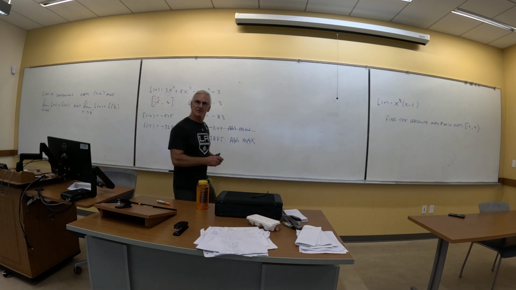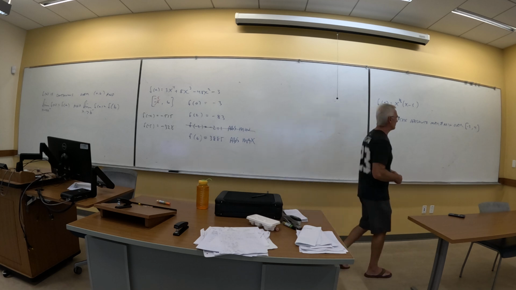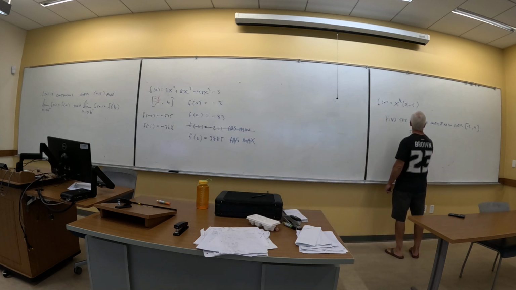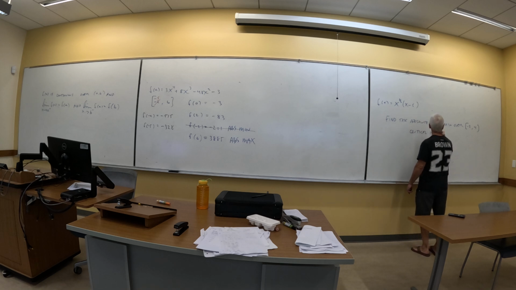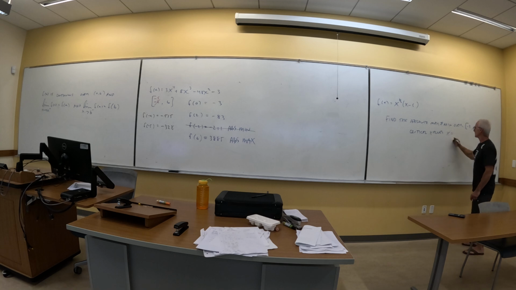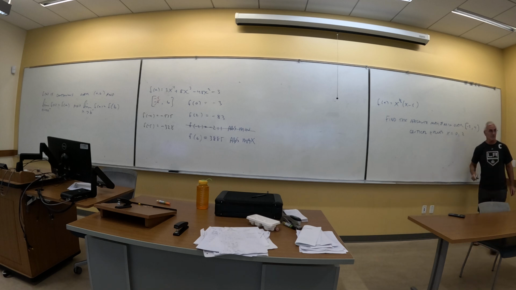Did we already find the critical values on this one? What were the critical values we found earlier? X equals 2. There were two values. X equals 2 and 0. And they were both in that interval? Yep. So how many calculations do I need to do to answer this question? 4. These two, these two.